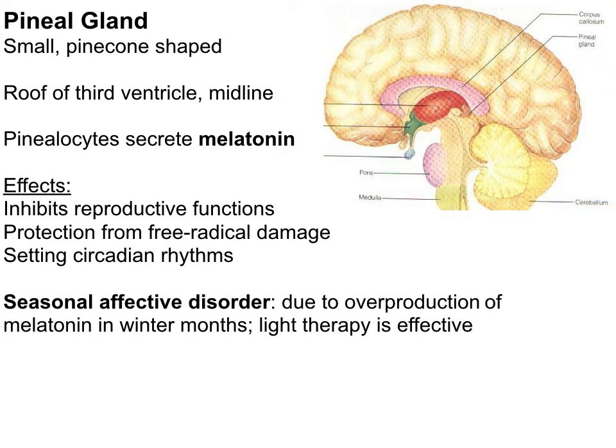It does offer some protection from free radical damage within the brain, so it offers a little neuroprotection in certain types of central nervous system disorders. It also sets what are called circadian rhythms. Circadian rhythms are daily changes in physiological processes that follow a 24-hour day-night cycle.